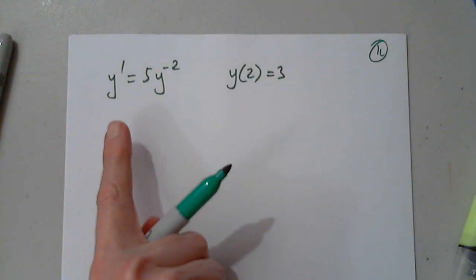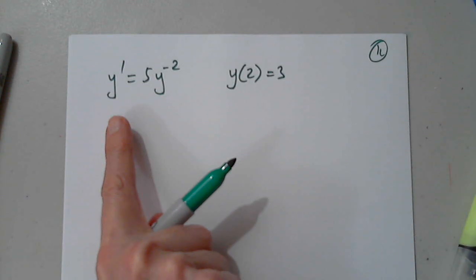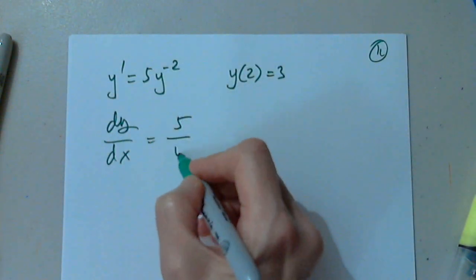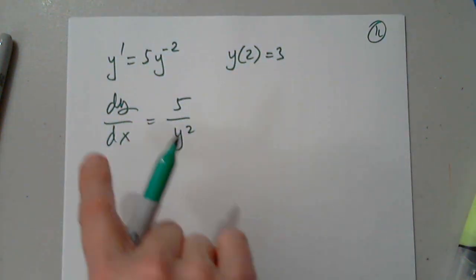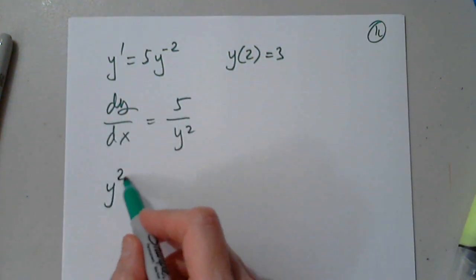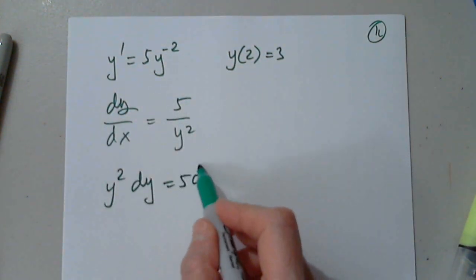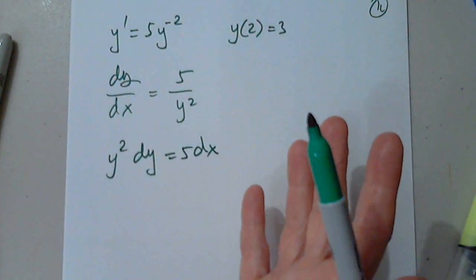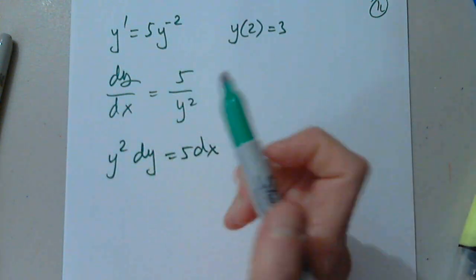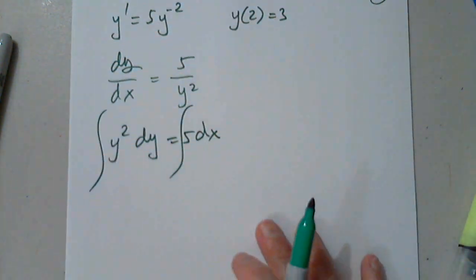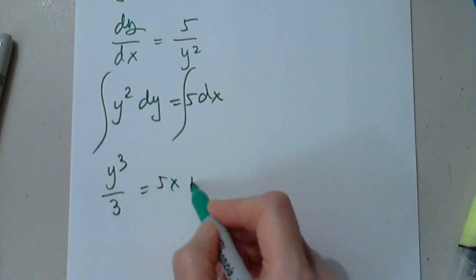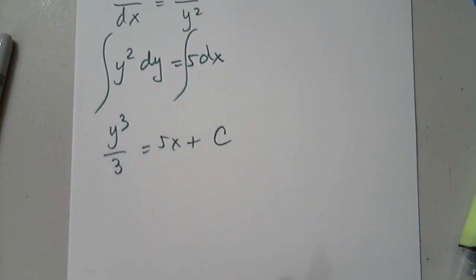Okay, so this is tricky. What are they telling me? They're telling me that dy over dx equals 5 over y squared. I'm going to cross multiply. Y squared dy equals 5 dx. Completely separated. Y is on one side, x is on the other. Okay, done. So y to the third over 3 equals 5x plus a constant c.